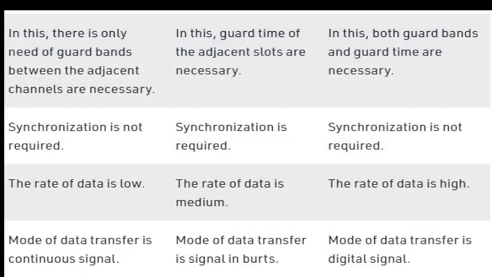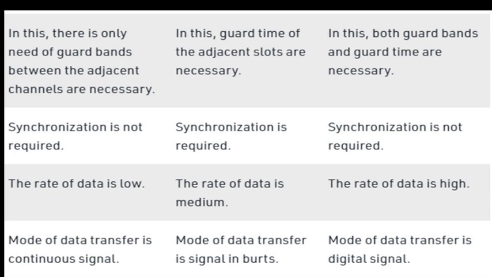Another difference is, in FDMA, only guard bands between the adjacent channels are necessary. In TDMA, guard time between the adjacent slots is necessary. In CDMA, both guard bands and guard times are necessary. In FDMA, synchronization is not required. In TDMA, synchronization is required. In CDMA, synchronization is not required.